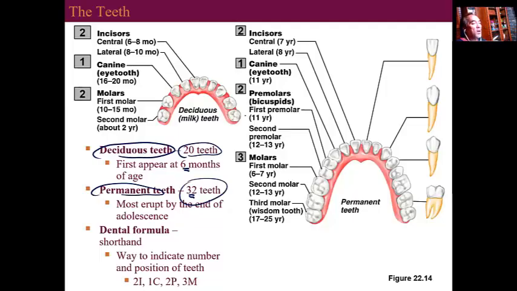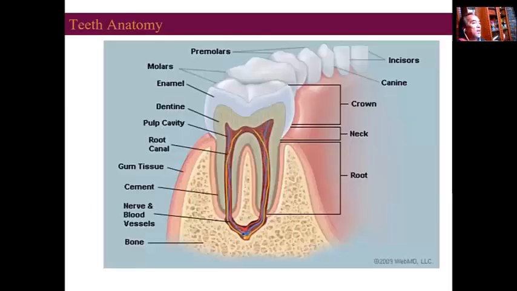So multiply 8 times 4, that'll be 32. What's actually important here is the third molar, and that third molar is called the wisdom tooth. That erupts between 17 to 25. So that's going to be your wisdom tooth. All right, so this is what the teeth look like.